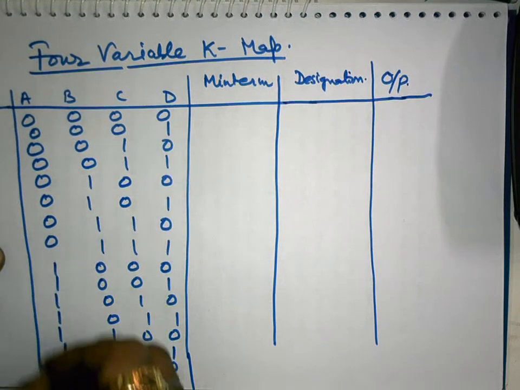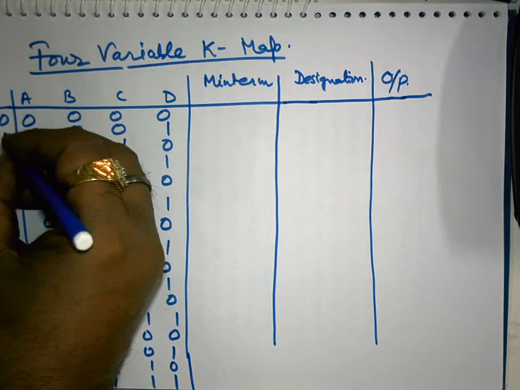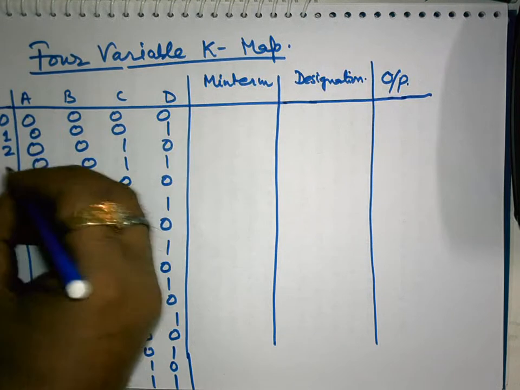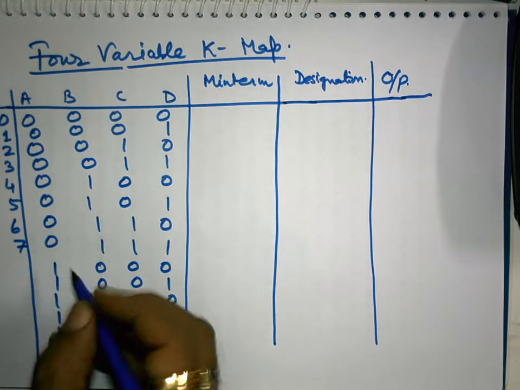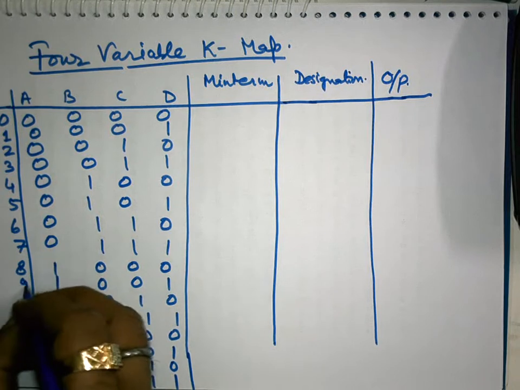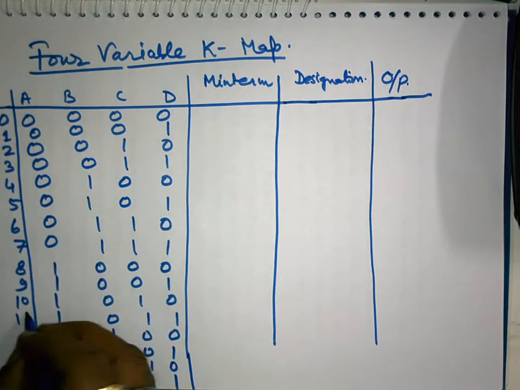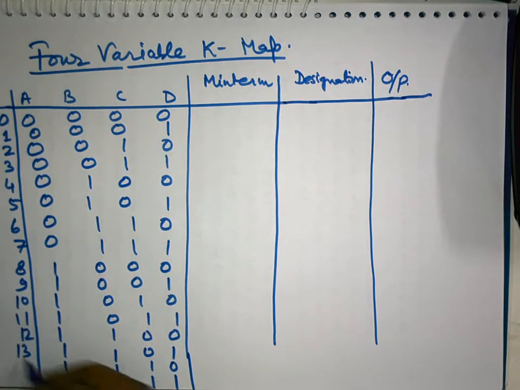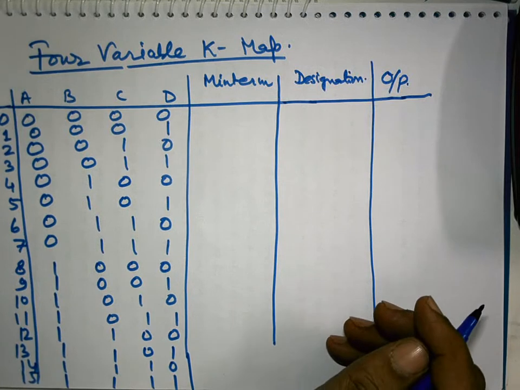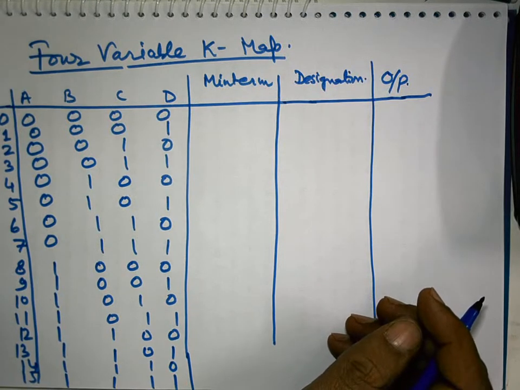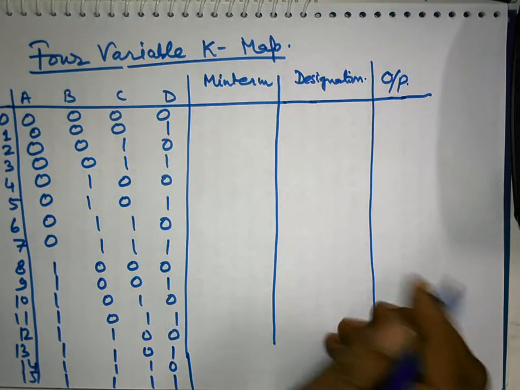So if you write the number for this, it is 0th, 1st, 2nd, 3rd, 4th, 5th, 6th, 7th, 8th, 9th, 10th, 11th, 12th, 13th, 14th and 15th. So there are total 16 combinations. From 0 to 15 there are 16 input combinations.